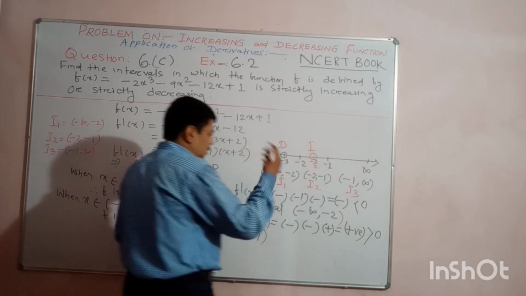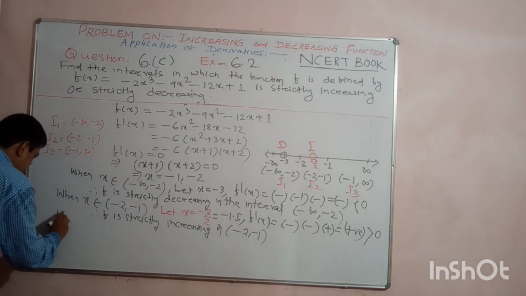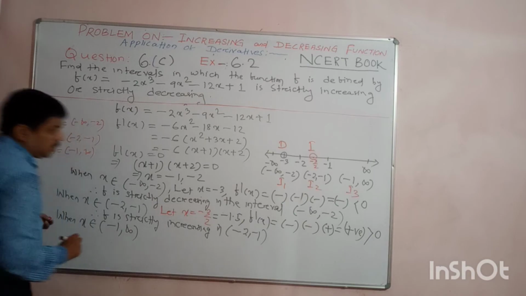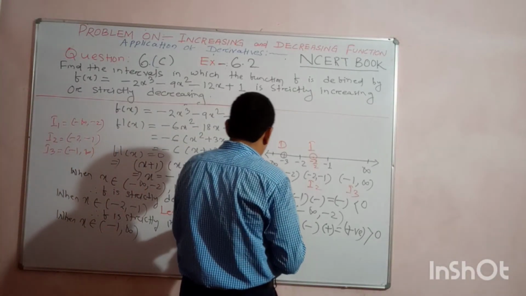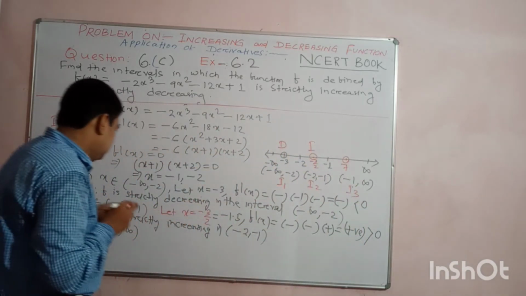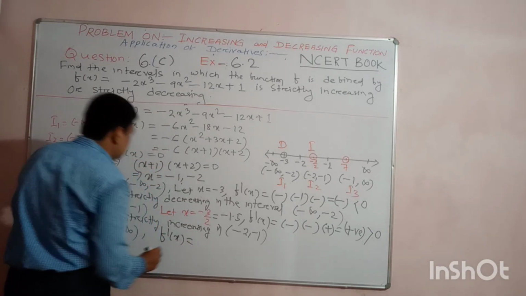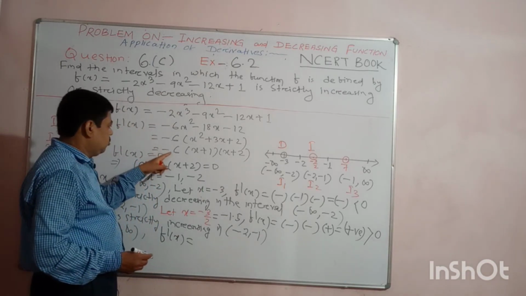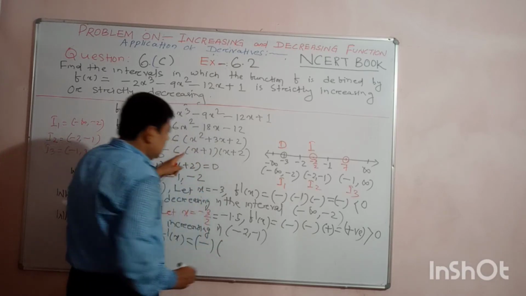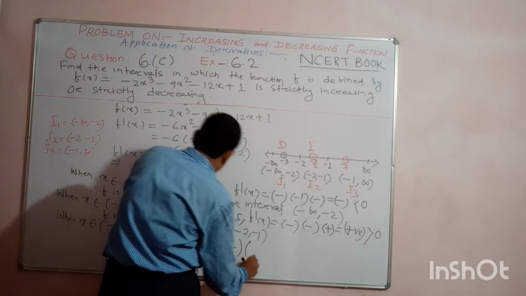Now the third interval, when x lies between minus 1 and infinity. Suppose we take the value 7. Now f'(x) is equal to -6(x + 1)(x + 2). Here the minus sign is negative, 7 + 1 is positive, and 7 + 2 is positive.